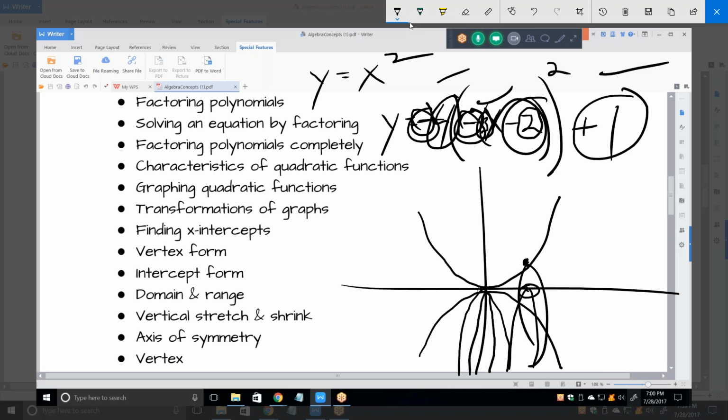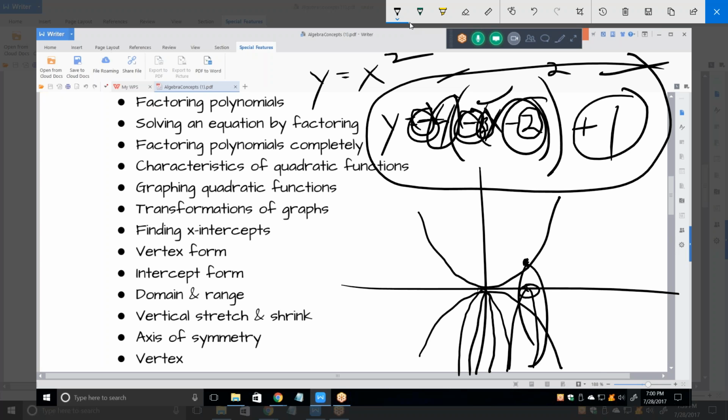And here's the thing, they're going to give you this and ask you to graph it. Now, they won't always give you functions that have all 6 transformations. In fact, that's pretty rare.